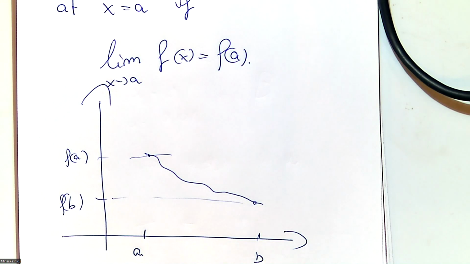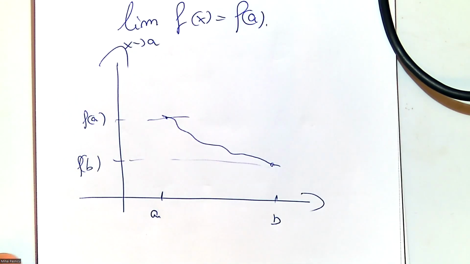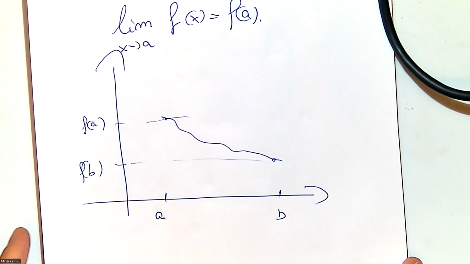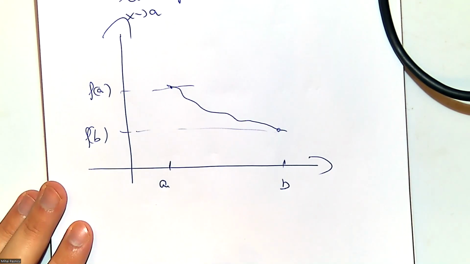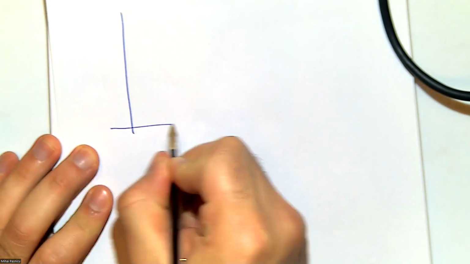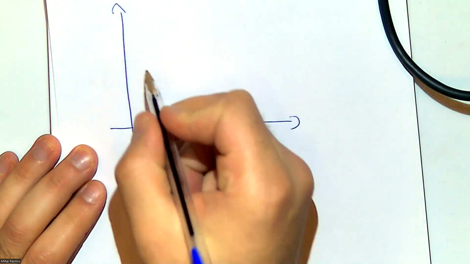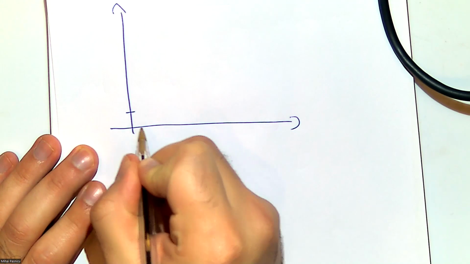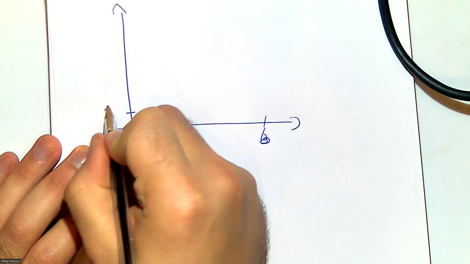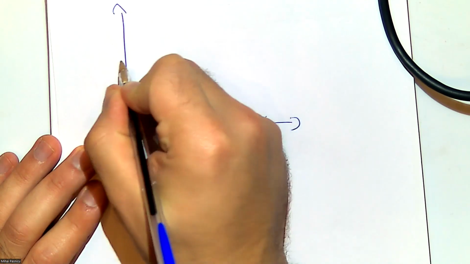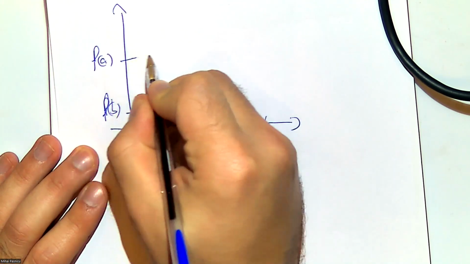Okay. This limit definition basically just stops the case where you have something like, let's do another drawing. So again, I'll just draw a similar picture. A, B, f of B. I think I put f of A somewhere here.